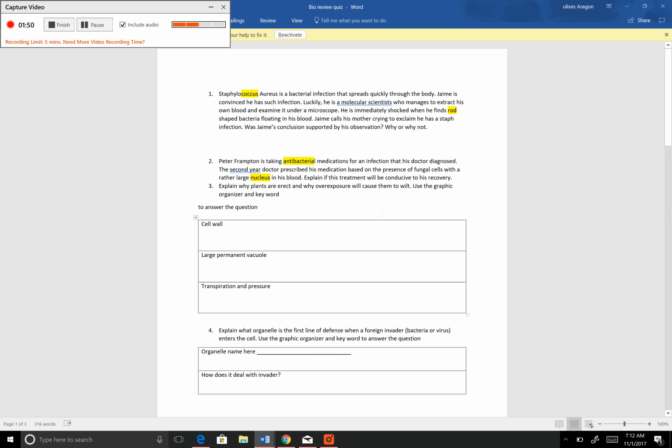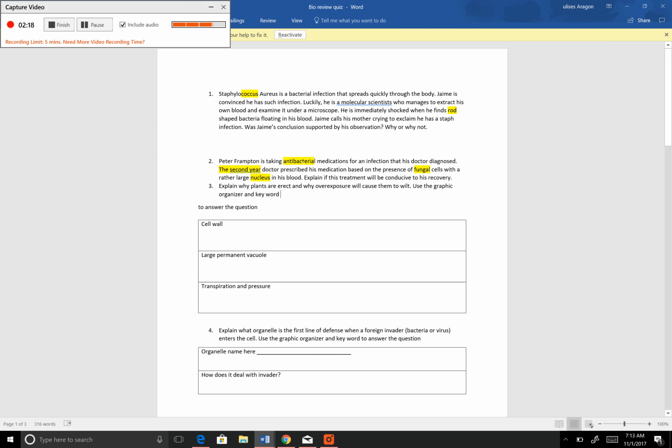I'm going to say no, because bacteria are prokaryotes, which means that they don't actually have a nucleus, right? This second-year doctor looked at his blood test under a microscope and he found that it was a fungus, which is a eukaryotic cell, with a rather large nucleus.